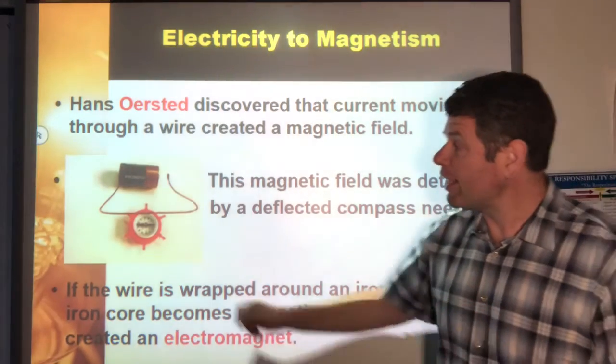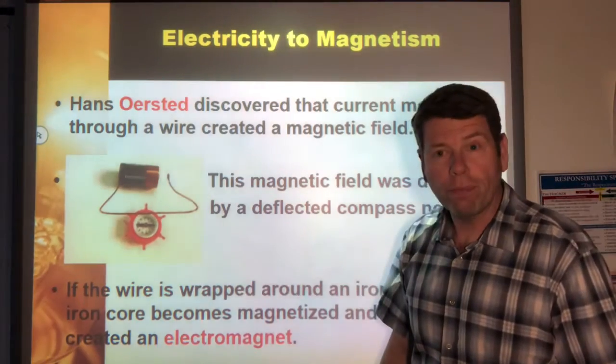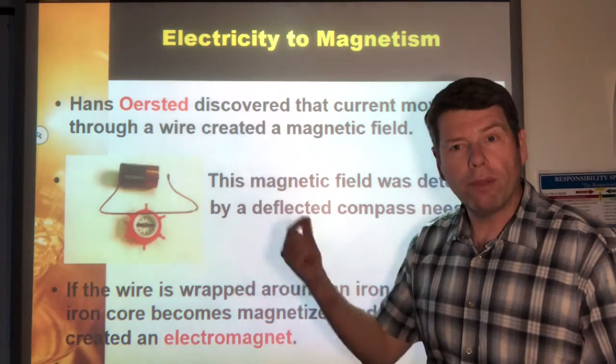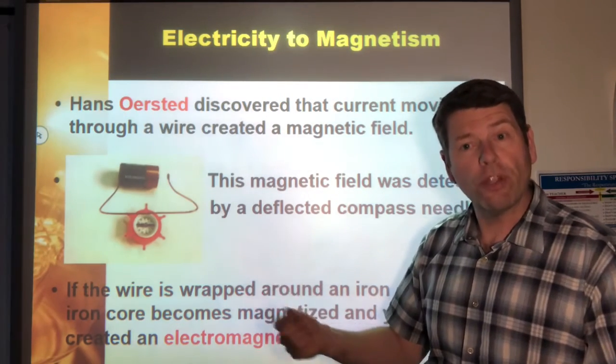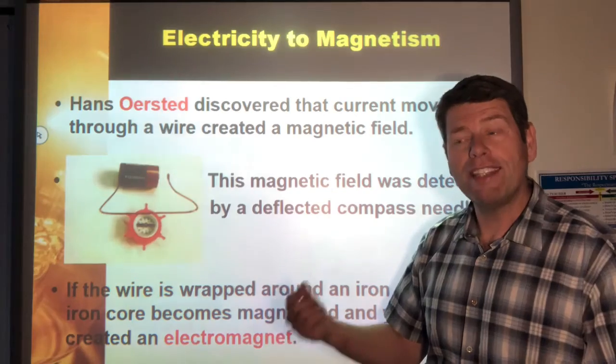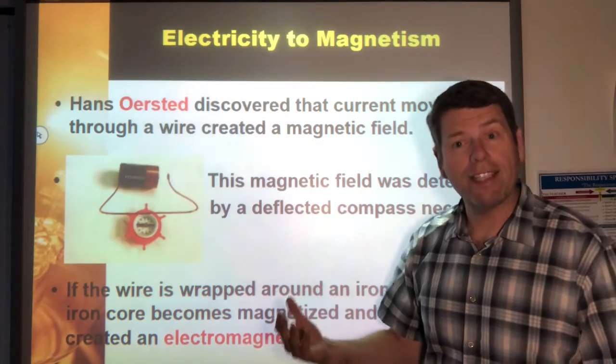Now, if you take that coil of wire and wrap it around a metal and turn the power on, that has the ability to magnetize that piece of metal.